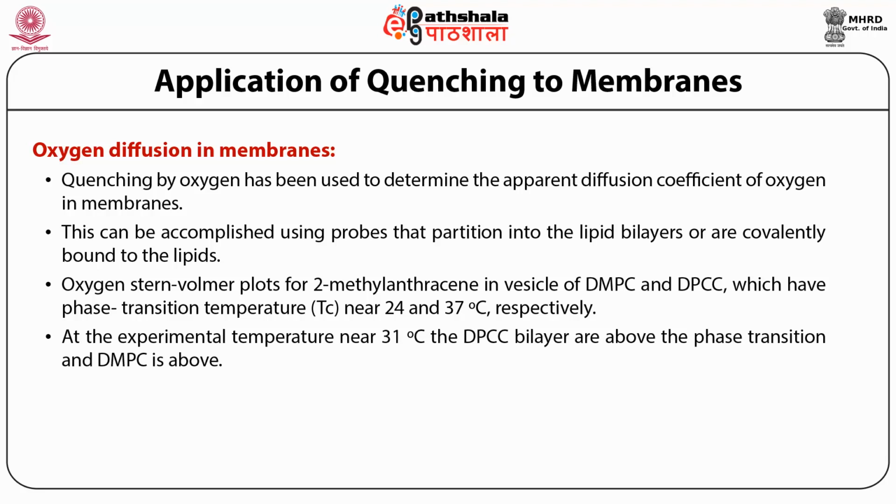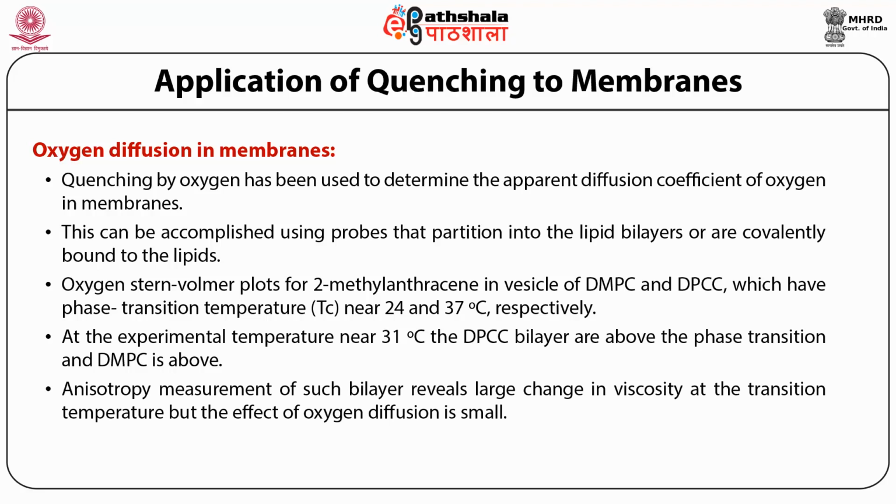The experimental temperature was near 31 degrees centigrade, which is above the phase transition of the DPPC bilayer. At that temperature, the anisotropic measurements of those bilayers reveal a large change in viscosity at the transition temperature. But it was observed that the oxygen diffusion is not affected by the change in temperature.